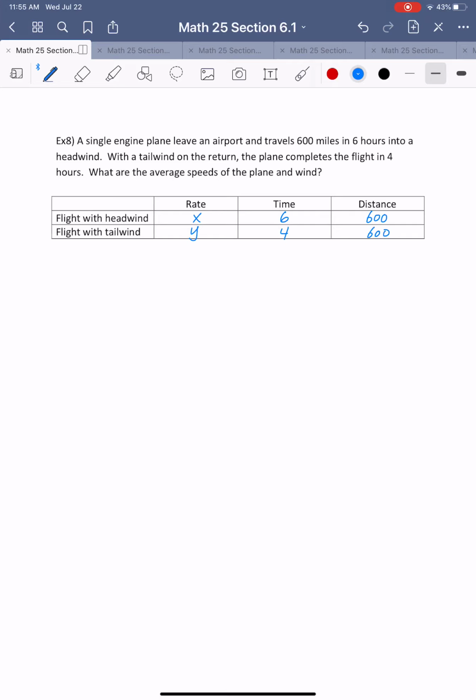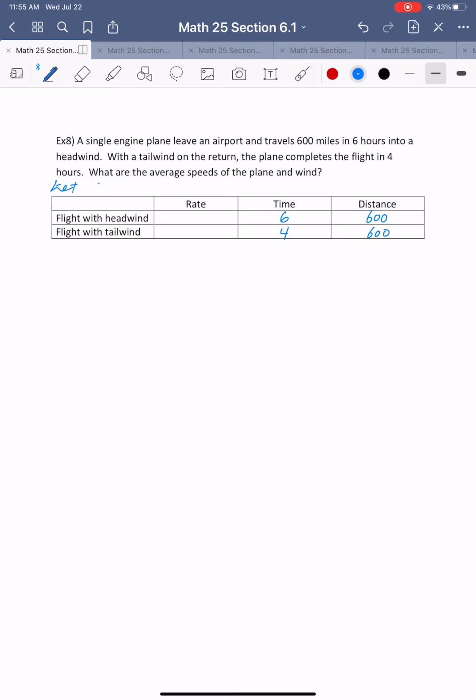So single engine airplane, right? Oh, I'm so sorry. We don't have the speed of the airplane either, right? Okay, I just forgot one thing, okay?